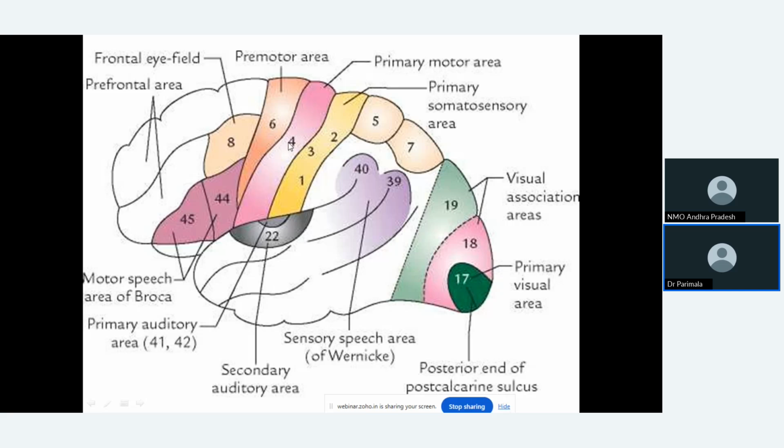Area number 4 is the primary motor area, where the largest pyramidal cells, the Betz cells, are present. This mainly contributes to the corticospinal tract. Is that clear? Corticospinal and corticonuclear. Corticonuclear is for cranial nerve nuclei, for movement of the muscles related to the head and neck. Corticospinal is for lower motor neurons of the spinal cord to move the body.